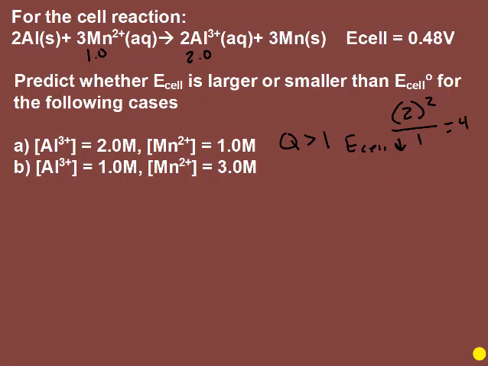And then for B, we have 1 molar for our product and 3 molar for our reactant. Since we have more reactant than product, our Q is going to be less than 1. So E cell will be greater than E cell at standard. So our E cell will be bigger than if it was at standard conditions.